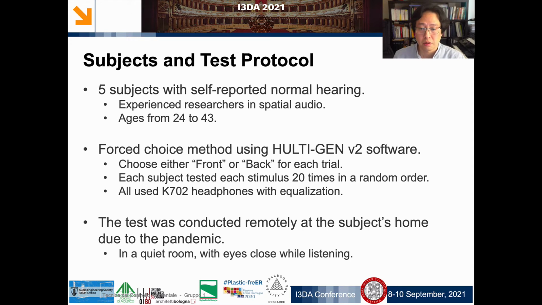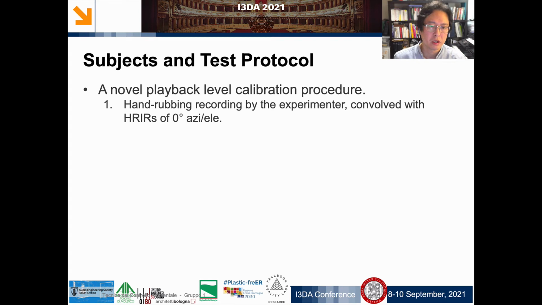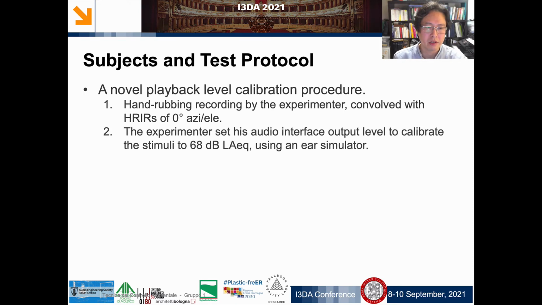The test was conducted remotely at the subject's home due to the COVID-19 pandemic. They were all in a quiet room, and when they listened to the stimulus, they were advised to close their eyes strictly while listening. We devised a novel playback level calibration procedure for remote testing as follows. Firstly, I recorded a hand rubbing sound and convolved it with HRIRs of 0 degree azimuth and elevation.